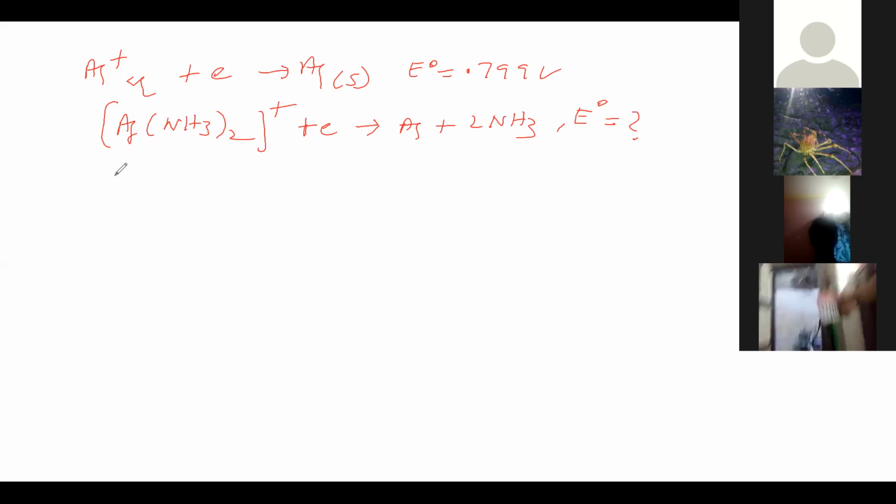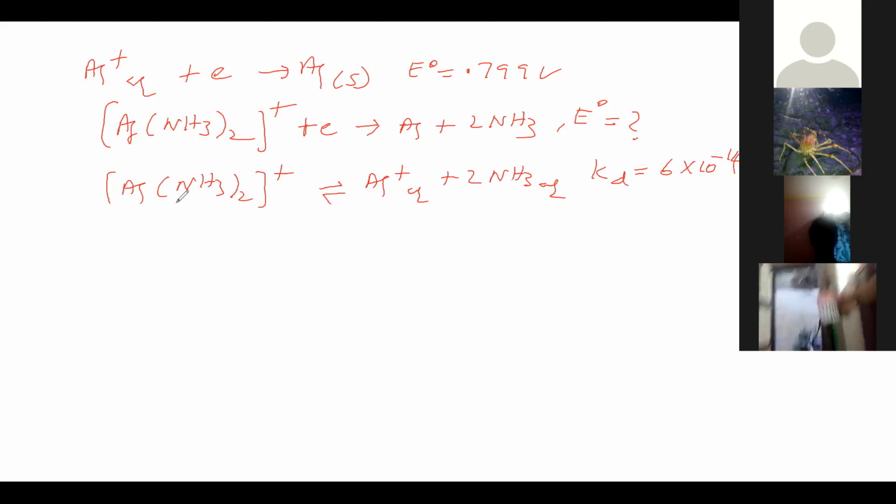Another given data is the dissociation constant of the complex. Its dissociation reaction we will write: on dissociation it gives Ag plus aqueous and 2NH3 aqueous. For this, the dissociation constant is given, that is 6 into 10 power minus 14.